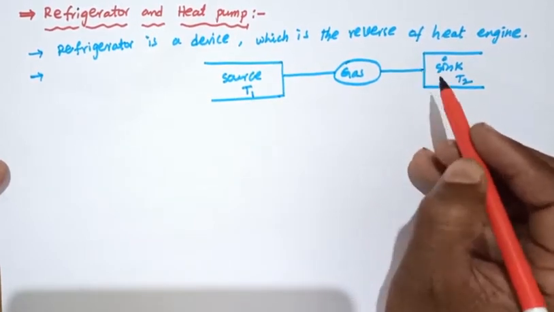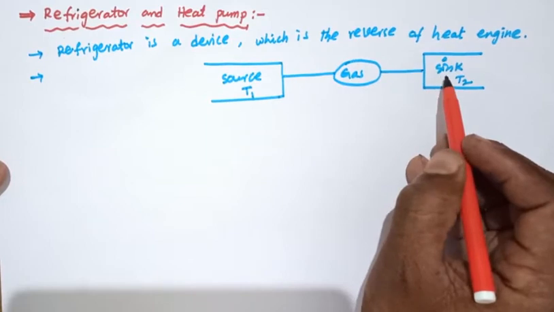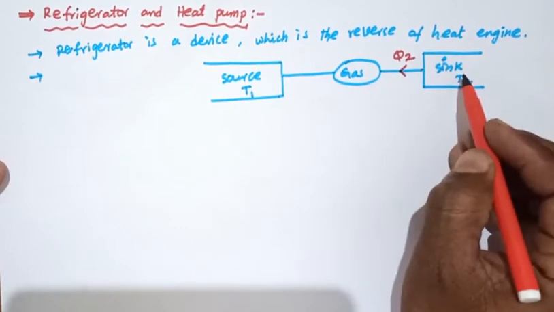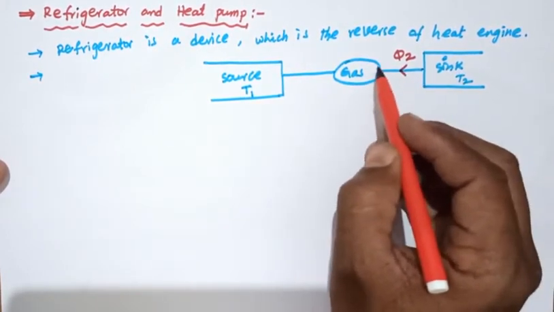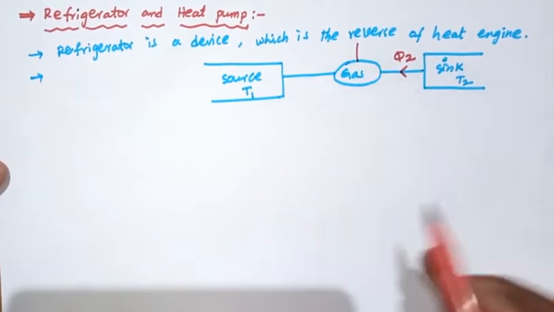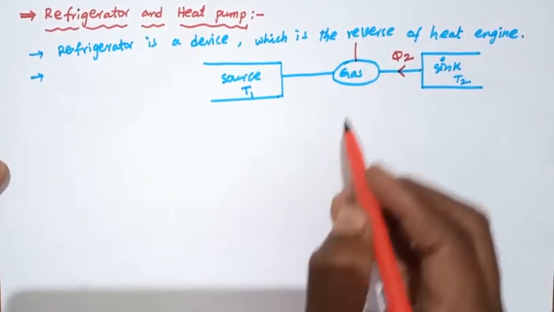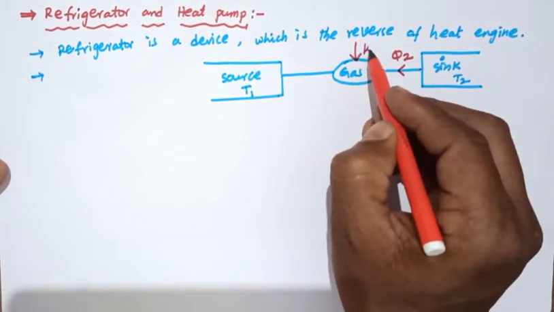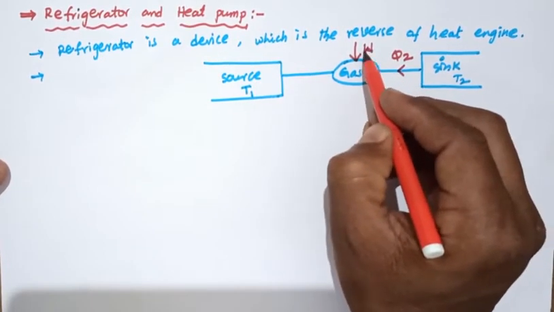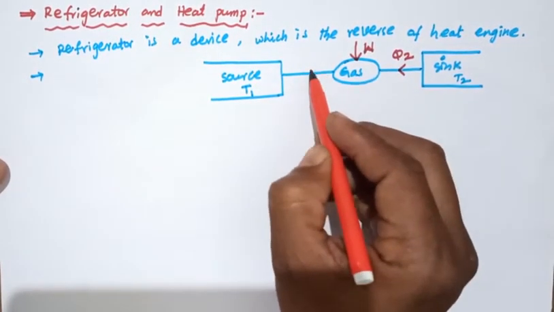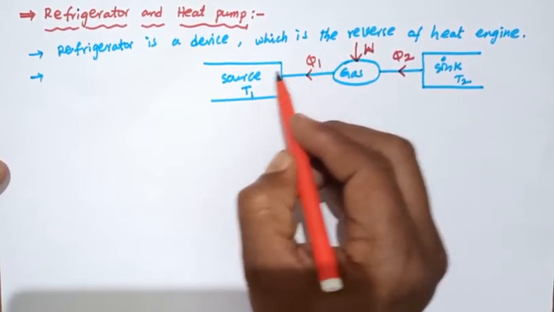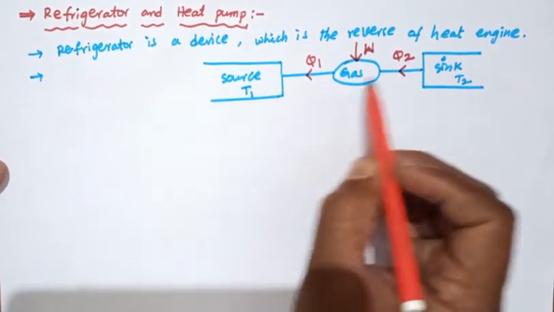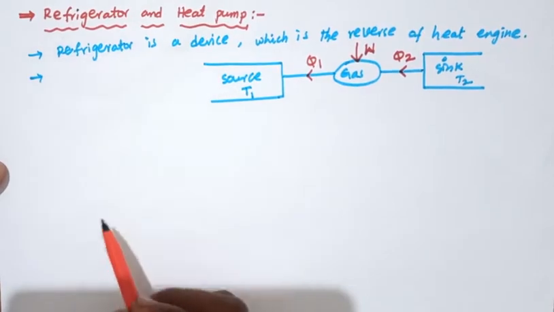So in the refrigerator, Q2 heat is taken from the sink, and external work is done on the working substance, the gas, and Q1 heat is transferred to the source. So this is the working of a refrigerator.